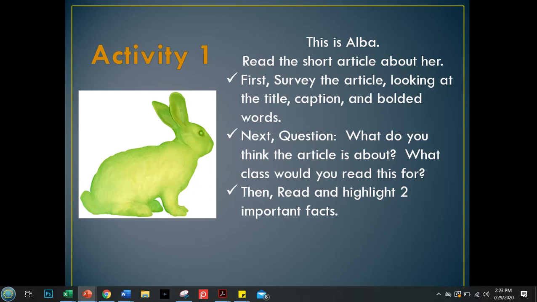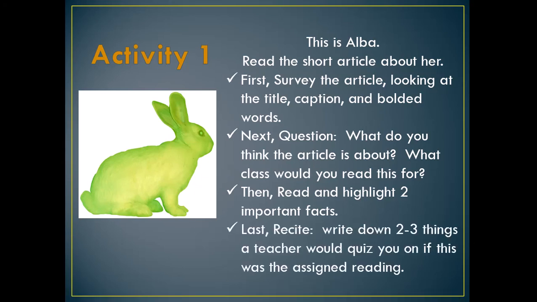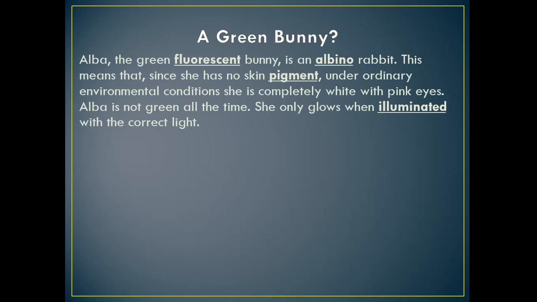And then we'll read, and here I'll highlight a couple important facts if I'm able to. And then we will talk about what a teacher might quiz us on if this were part of a larger chapter in a book. So, title, A Green Bunny.